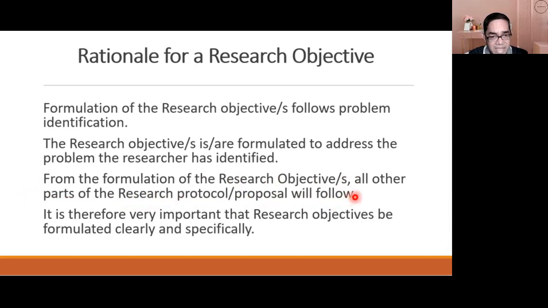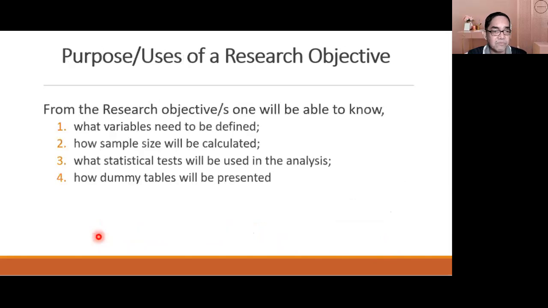So really one of the most important things, if not the most important part of the research, is the research objective, because everything will follow from the research objectives. We will enumerate what are those things. It is therefore very important that the research objectives be formulated clearly and specifically.